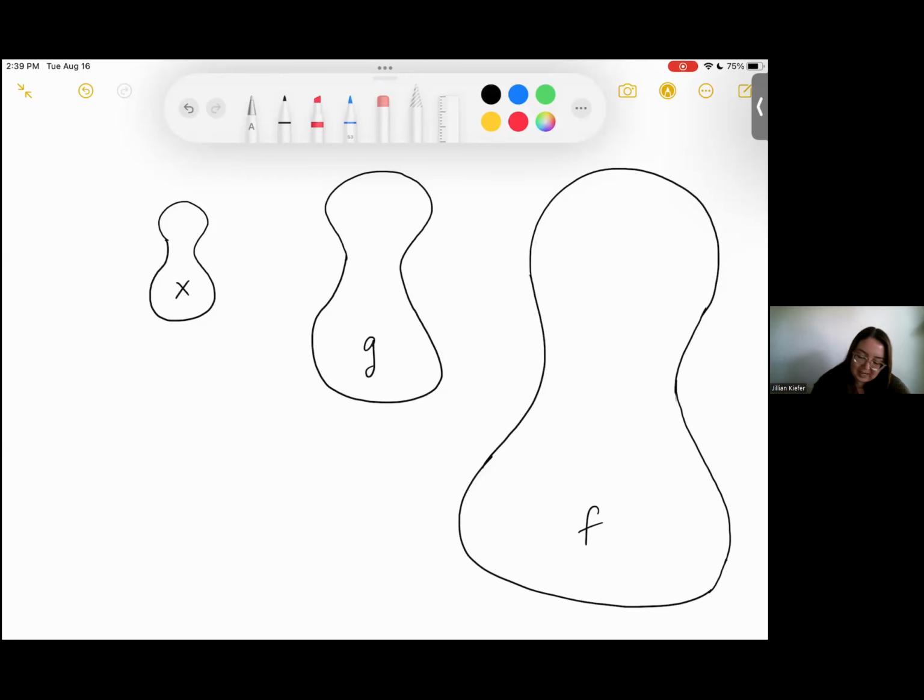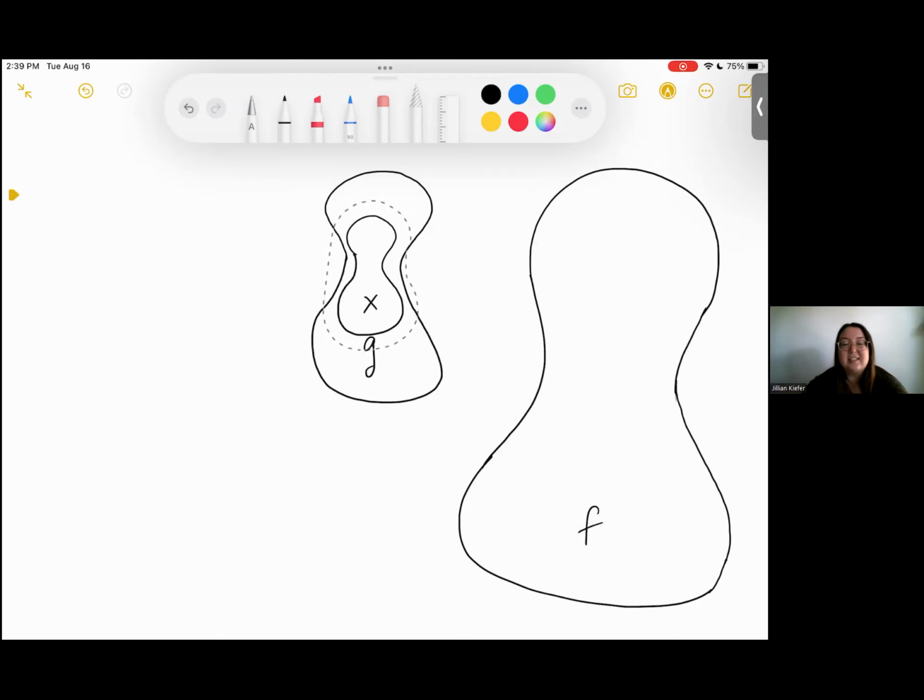So we would take, say, the smallest nesting doll, and we would go ahead and place it inside the next size doll.